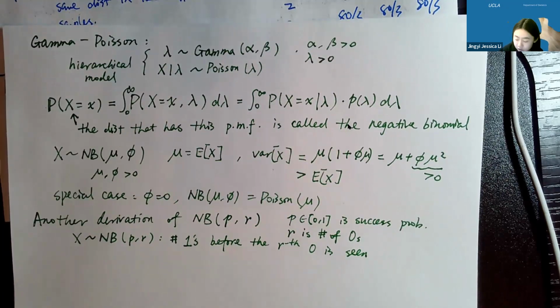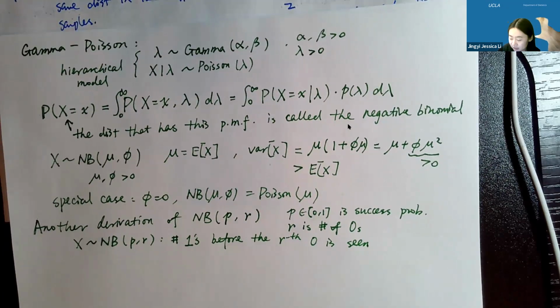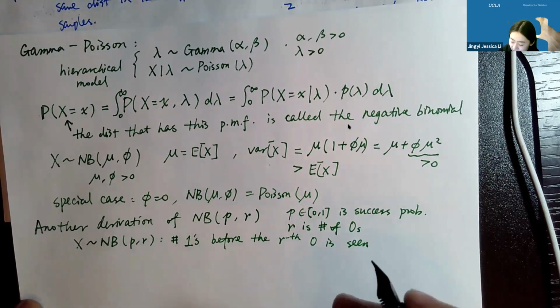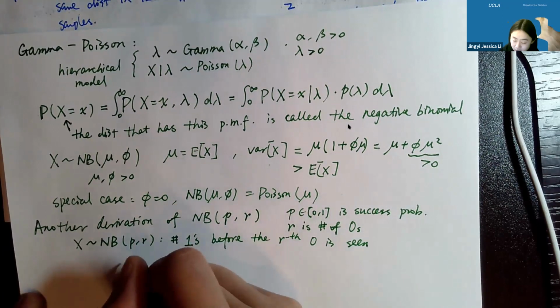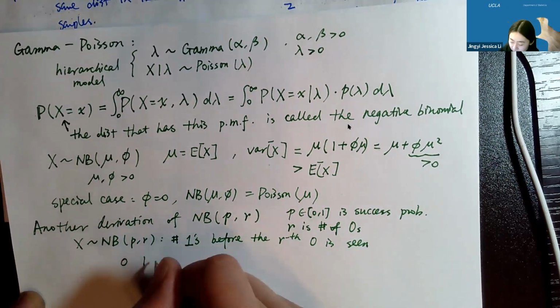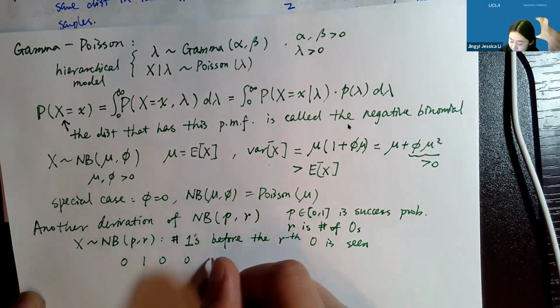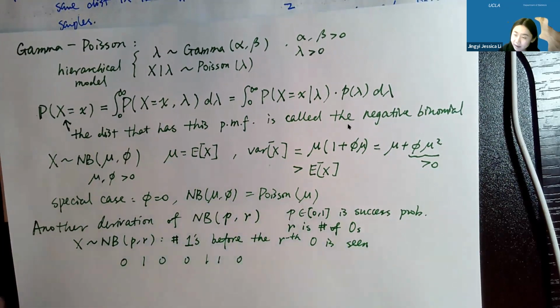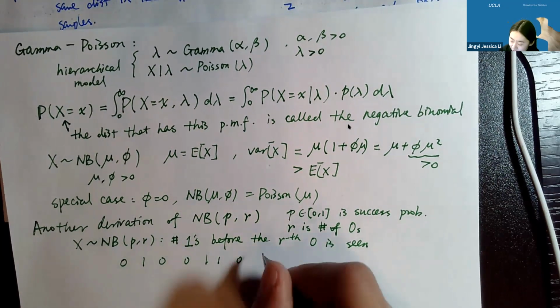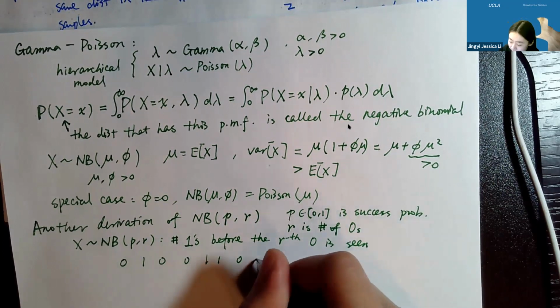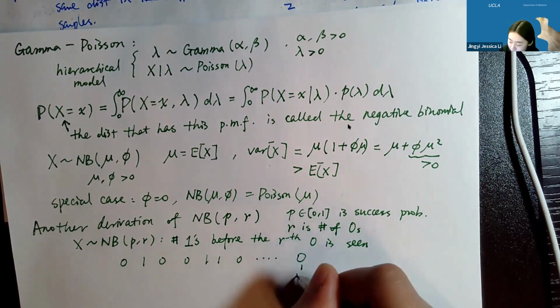So in other words, this is a random number, right? Basically, when we do the coin tossing, say 0, 1, 0, 0, 1, 1, 0, what it means is that we stop when we see the R-th zero.